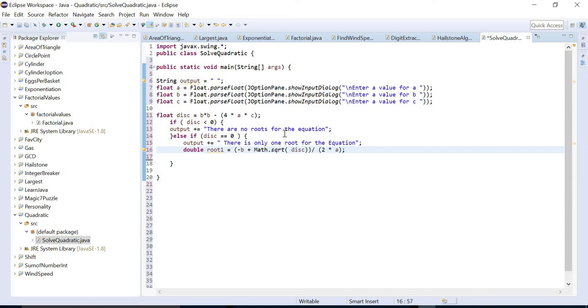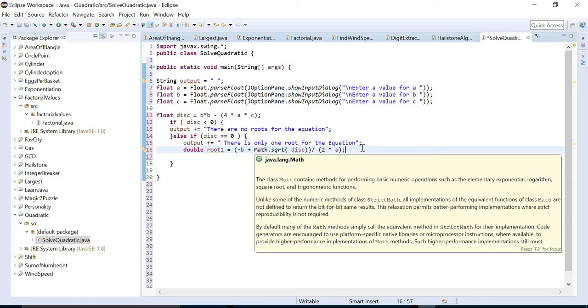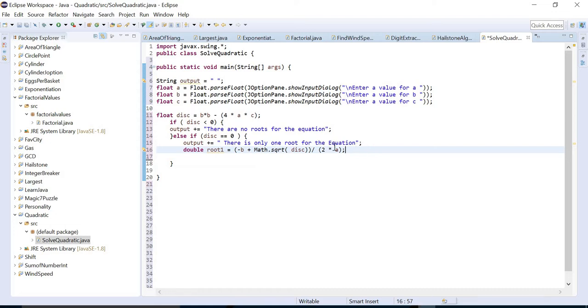So basically, what I'm saying is if the discriminant is equal to 0, the output is going to be 1 root, and it's going to be negative b plus square root of discriminant divided by 2 times a, okay? Output, and then you show the output. You show the answer. So now we're changing the output from nothing to something.